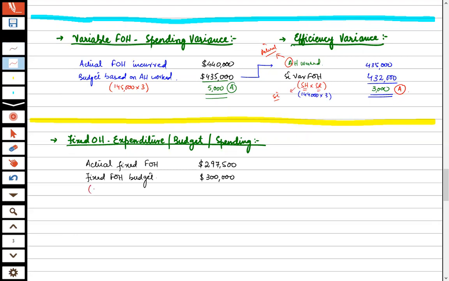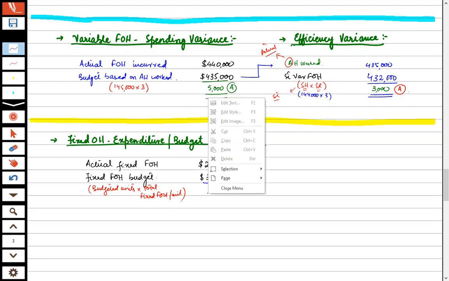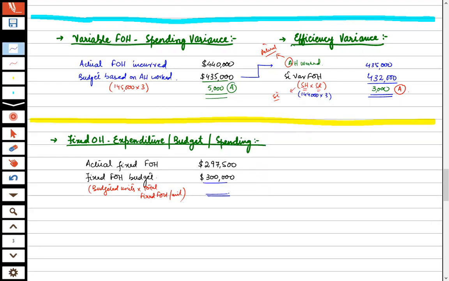It will be worked as budgeted units multiplied by total fixed FOH rate per unit. That is 50,000 multiplied by 6. Okay, now the difference: 300,000 minus 297,500 is 2,500.